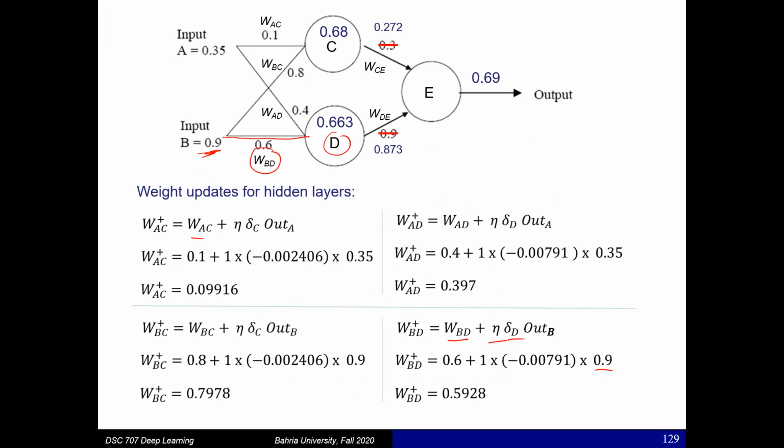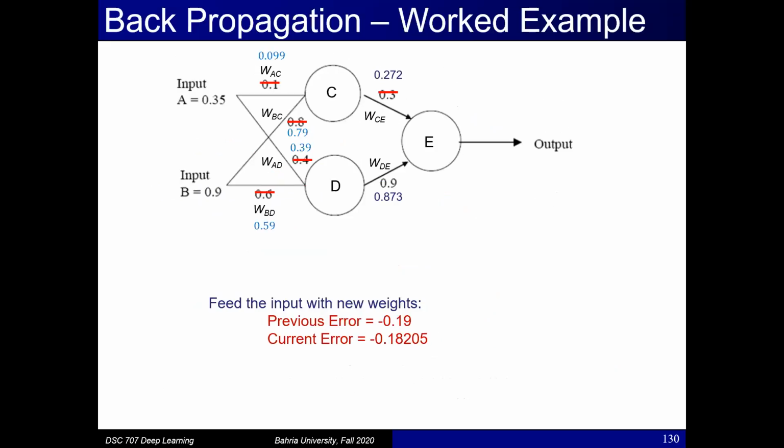Now if we see, these are the previous values of the weights, and almost all the weights have dropped. Every weight which was initialized randomly is going down, so it means that we need lower values of weight. But just to see if we are going in the right direction or not, you can perform a forward pass again. Previously you were getting 0.69, and your target was 0.5, so the difference was about 0.19.